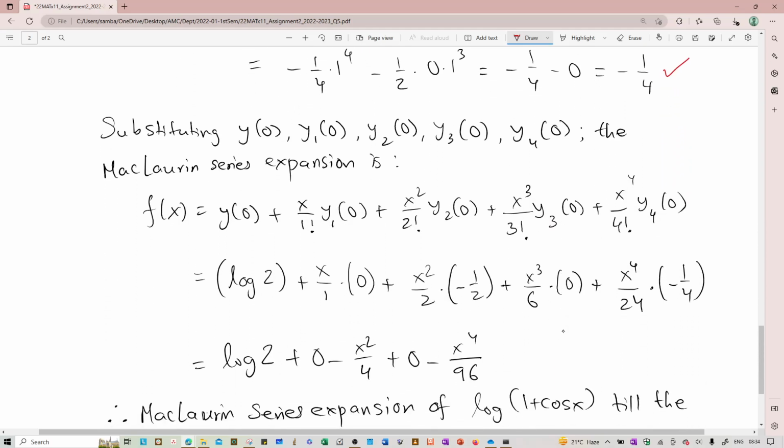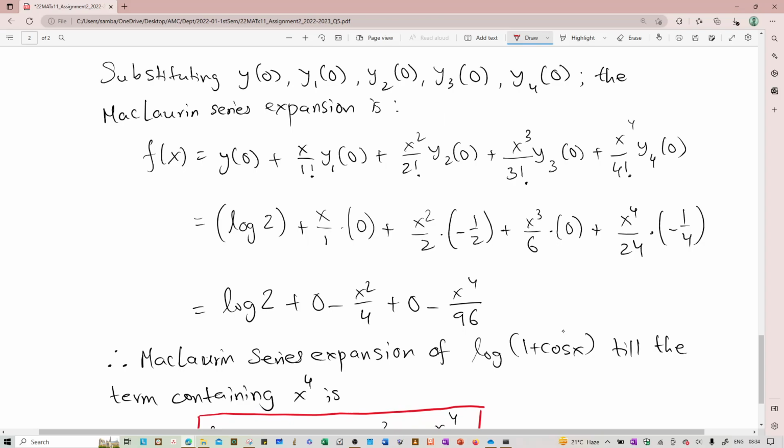Now, in the Maclaurin series, as we had seen previously, f(x) would be equal to y0 plus x divided by 1 factorial y1 0, plus x squared divided by 2 factorial y2 0, plus x cubed by 3 factorial y3 0, plus x to the power 4 by 4 factorial y4 0. y0 is log 2, y1 0 is 0, y2 0 is negative half, y3 0 is 0, y4 0 is negative 1 by 4, right?